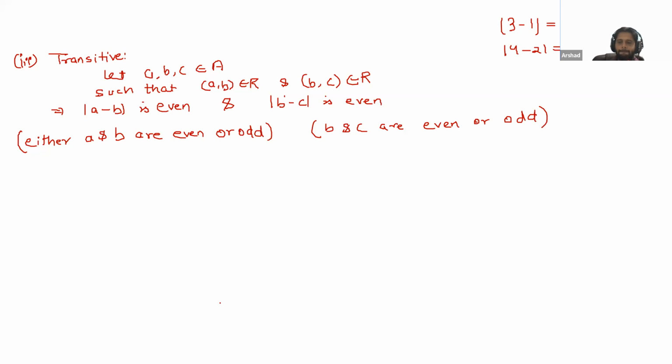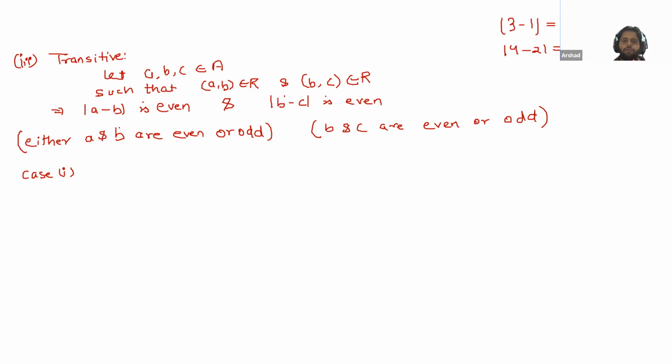Rifat, is this clear? Rifat, please confirm if this is clear to you. Please reply to me on the chat box or you can raise your hands.